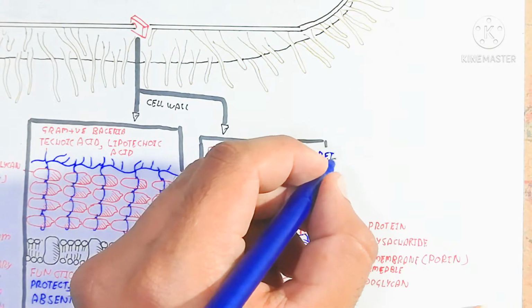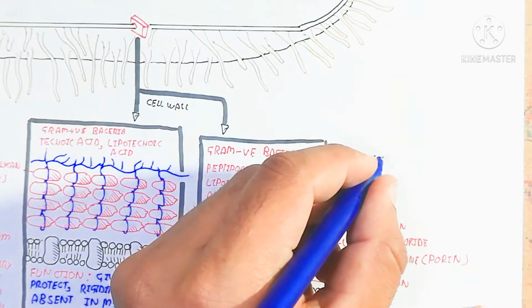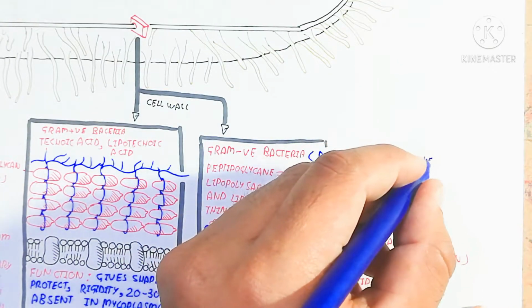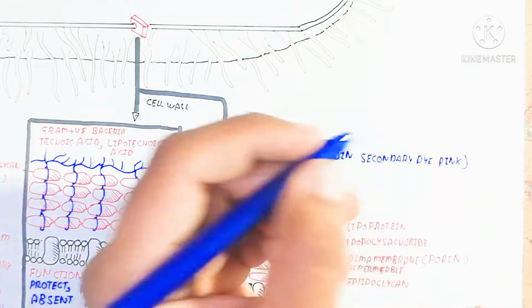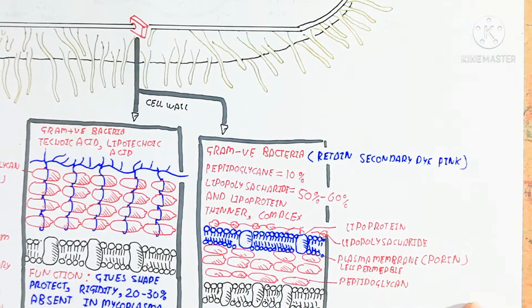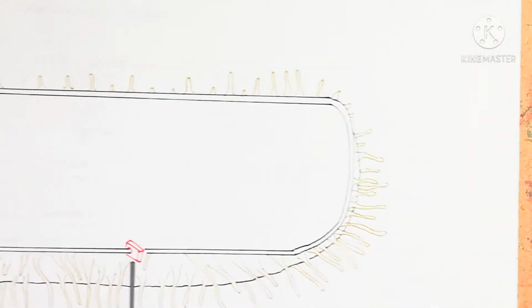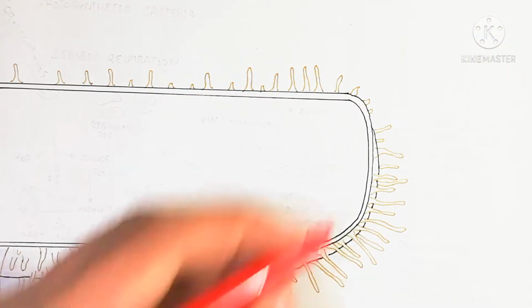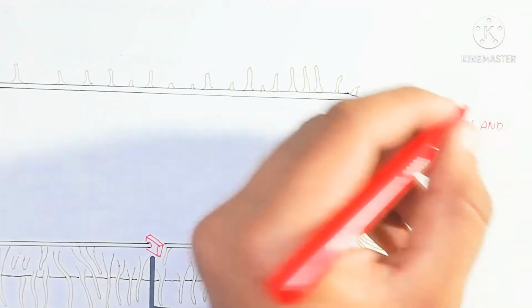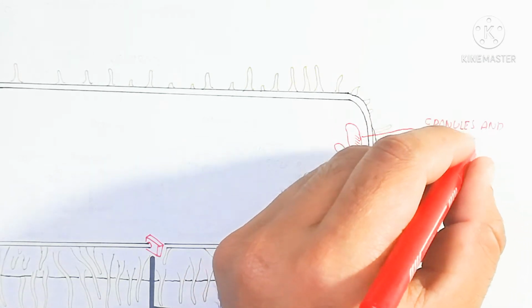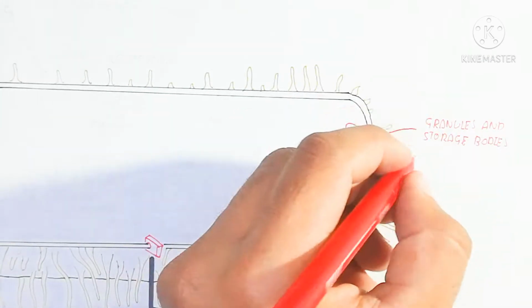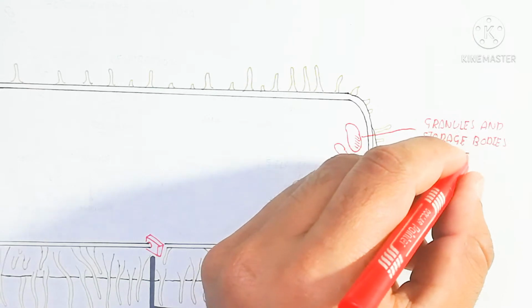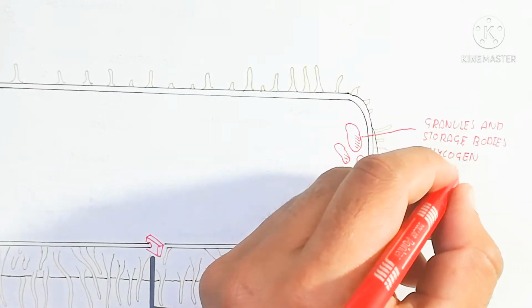Remember that. So we can understand the staining, which is the experimental identification of gram-positive and gram-negative bacteria. You can watch the previous video which I uploaded, while this is part 2.